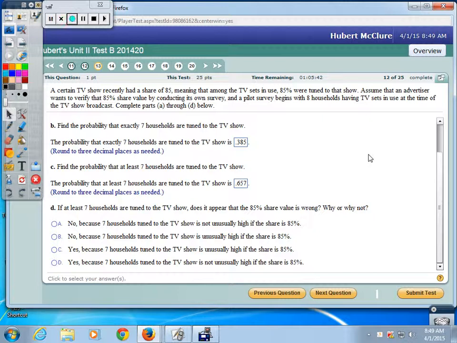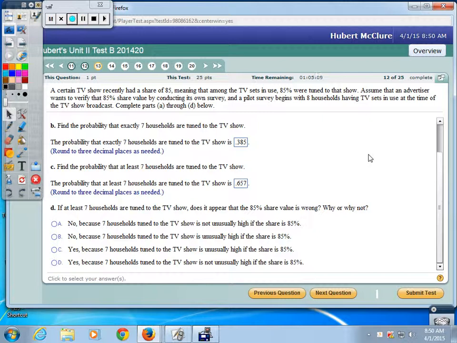So in that case, it is not wrong. Is that what you're trying to say? It says, is the 85% value wrong? I'm not a TV person. I don't know what shares mean. A certain TV show recently had a share of 85, meaning that among the TV sets, 85% was tuned.